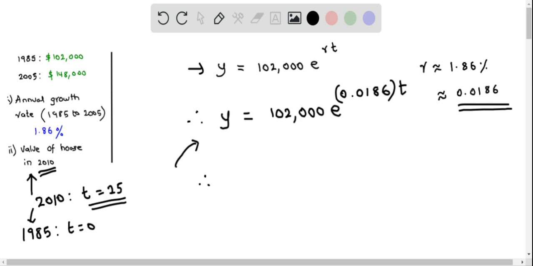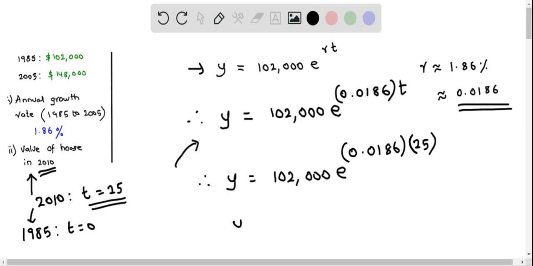Let's do that. So therefore, we get y equals 102,000 e raised to the power of 0.0186 times 25, and we can plug this expression into the calculator. We multiply these two quantities and raise e to the power of this quantity and then multiply with the 102,000. And when we do that, we get approximate value of 162,385.45.